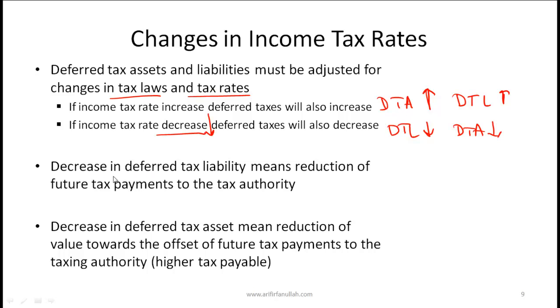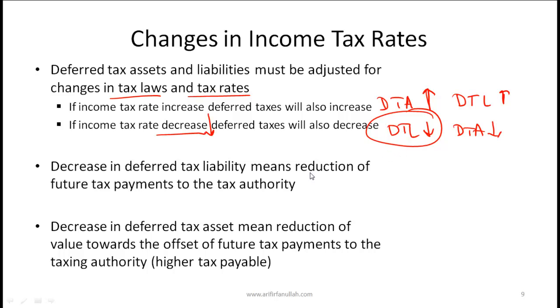So what does a decrease in deferred tax liability mean? It means that you had a certain liability in the future, meaning you expect to pay a certain tax in the future. When the tax rate goes down, that liability becomes less.